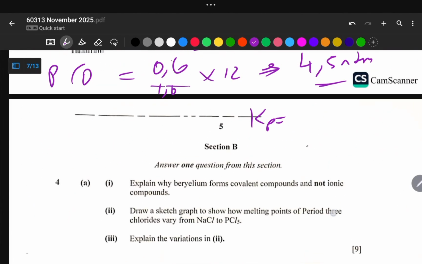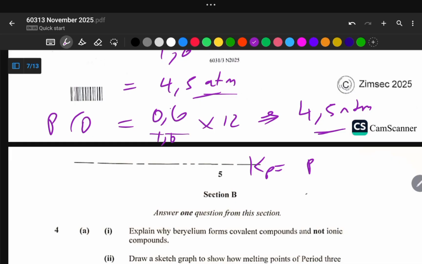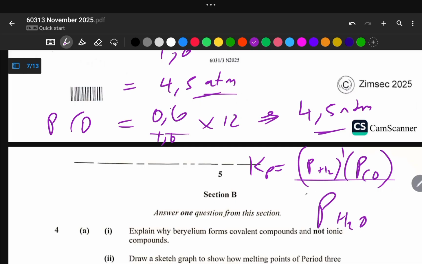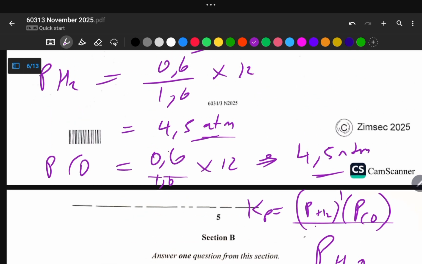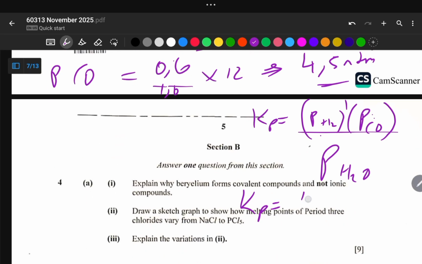So we are having the partial pressure of hydrogen raised to the appropriate integer, which is 1, multiplied by the partial pressure of carbon monoxide, all over the partial pressure of steam, right? So we are having Kp being equal to the partial pressure of hydrogen, which is 4.5, and that of carbon monoxide, 4.5. So we are having 4.5 by 4.5 over the partial pressure of steam.